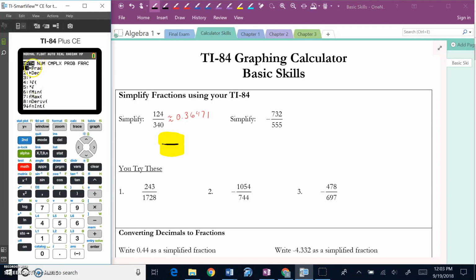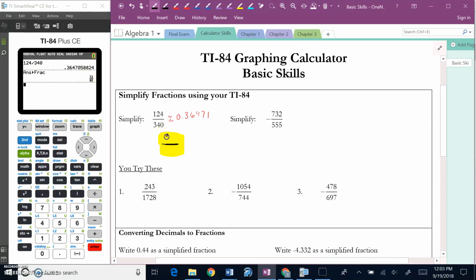The first option is fraction. That little arrow means convert. So that's number 1. I can either press number 1 or I can just press enter here. And now it's asking you essentially, do you want to take that previous answer and convert it to a fraction? As long as that's what you want, you press enter again. It simplified the fraction for me to 31 over 85.